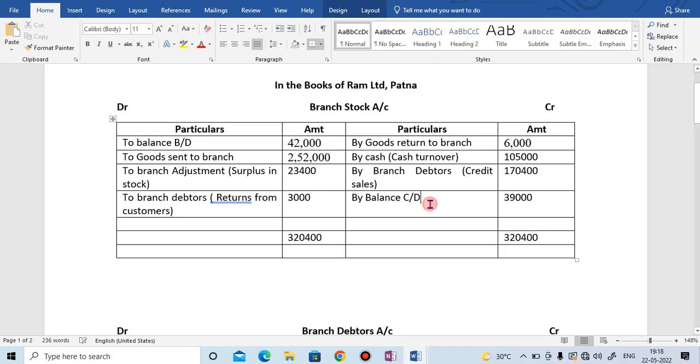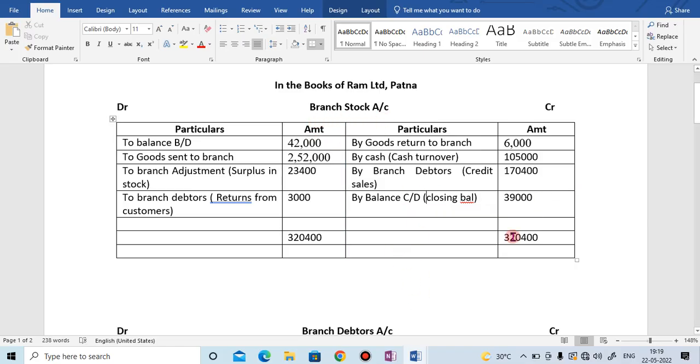So this is the balancing figure, 39,000, the closing balance of branch stock account.